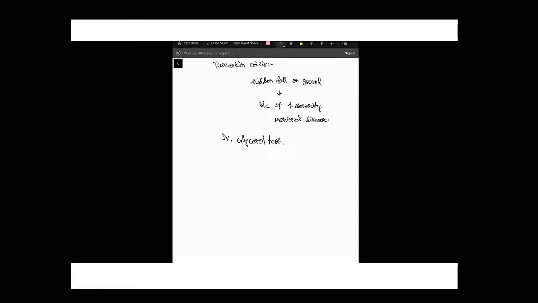So this is the glycerol test. It's done usually in an acute attack of Meniere's disease. Gold standard investigation is going to be electrocochleography.